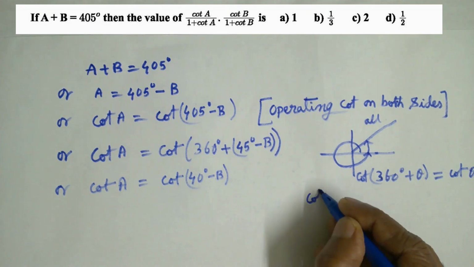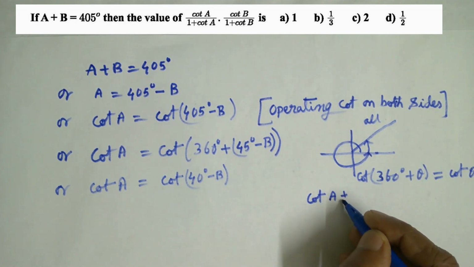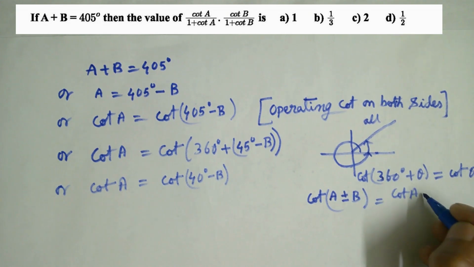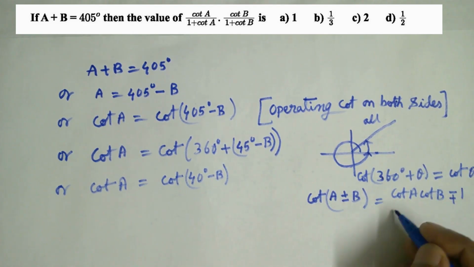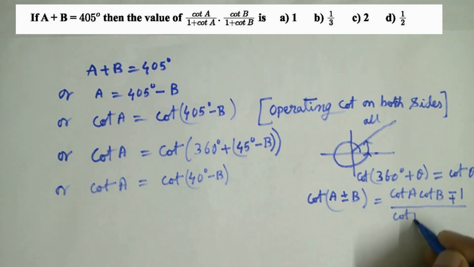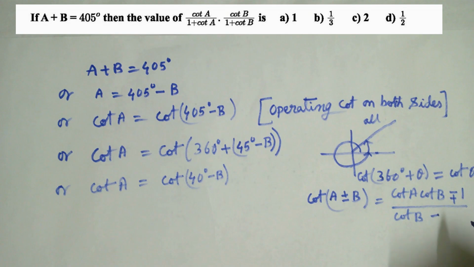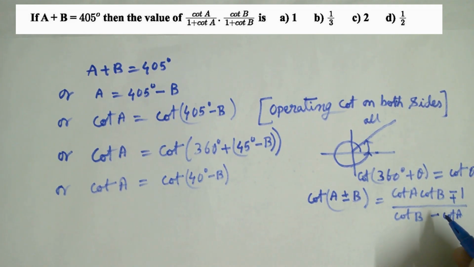The compound angle formula is known: cot of A plus or minus B is equal to cot A cot B minus plus 1 over cot B plus minus cot A. Whenever it is plus, that will be minus; whenever minus, plus.